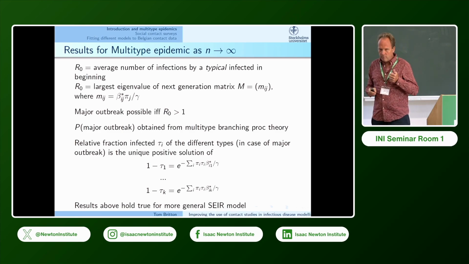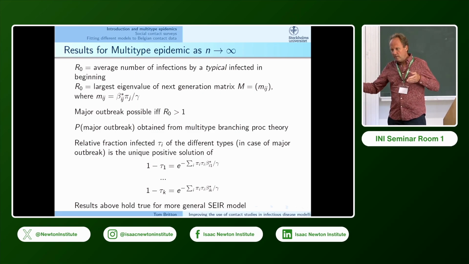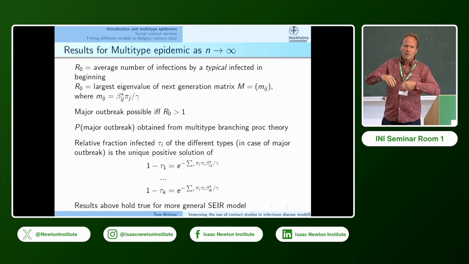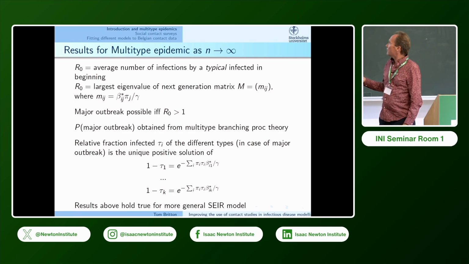So if you know the contact matrix, what fractions are in the different categories, and how long you're infected, you can compute the basic reproduction number and how many will get infected. And you can extend this to more SEIR models, and you don't need to have the Markov assumption. It still applies.